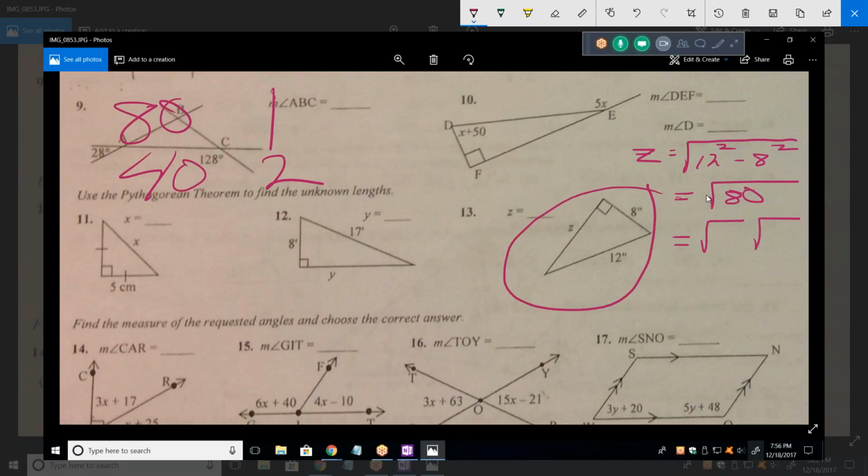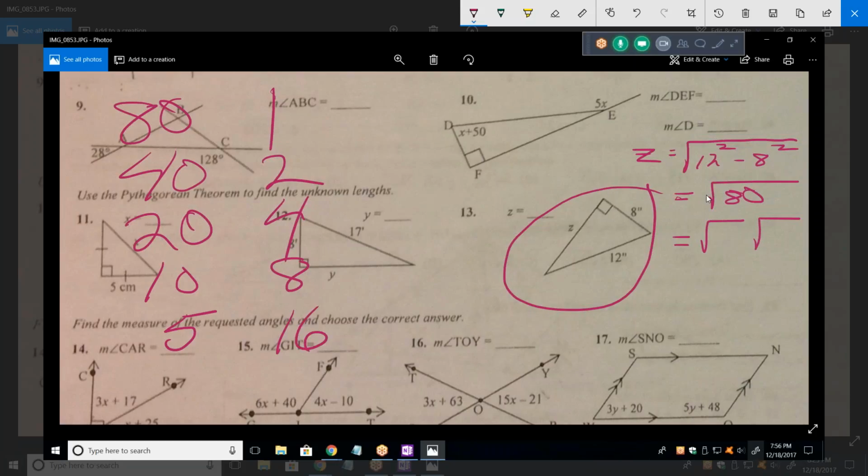Always cut it in half if you can. Keep going. Double 8. In other words, I just cut 10 in half, so you've got to double the other one. Okay.